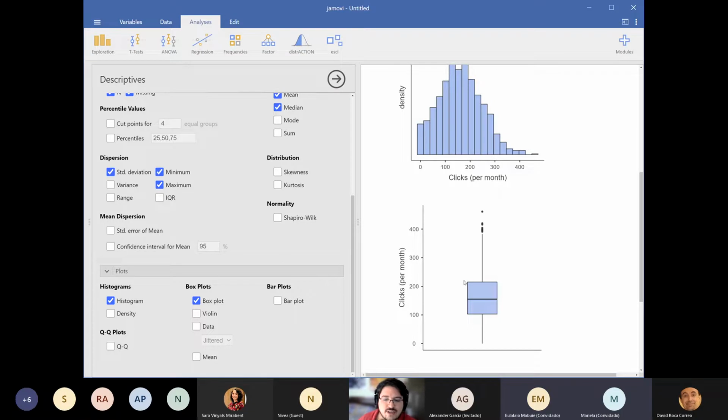So the interquartile range is the range between the first 25% and the 75%, and you just use a formula that is there.